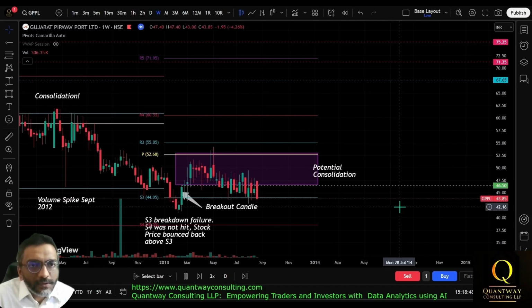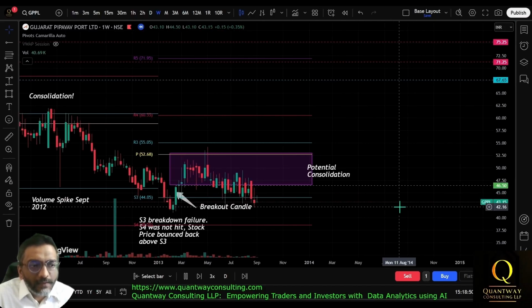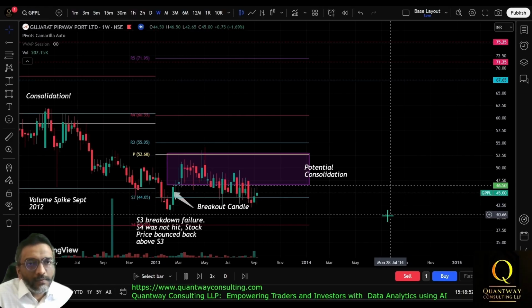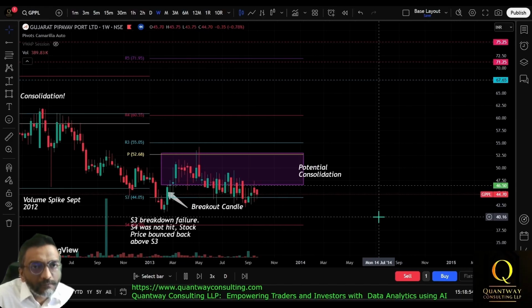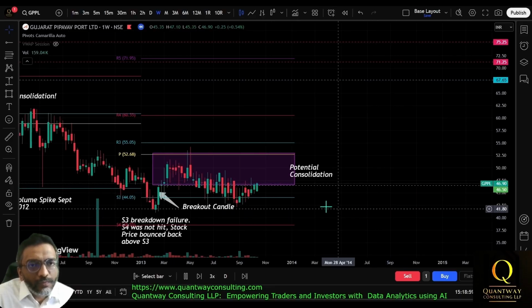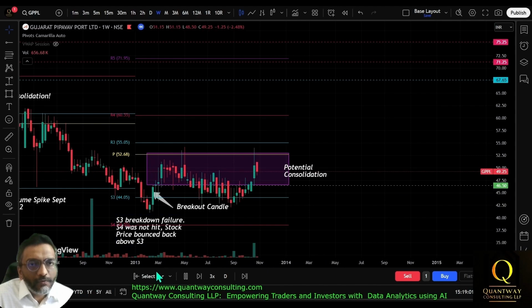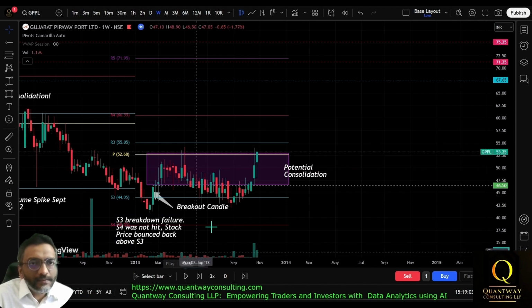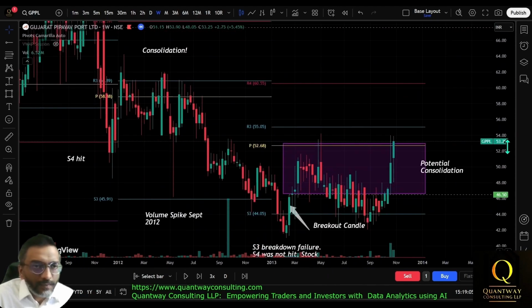Now the stock is just consolidating between the S3 and the lower end of the bracket. It is attempting to move inside the bracket. Once it moves inside, it moves to the high sharply.